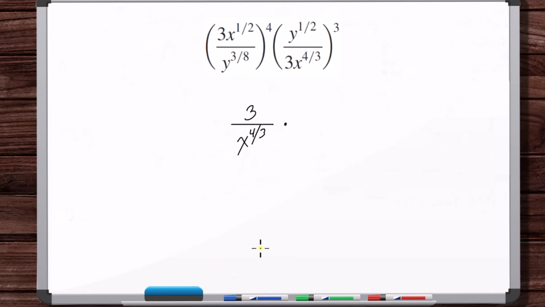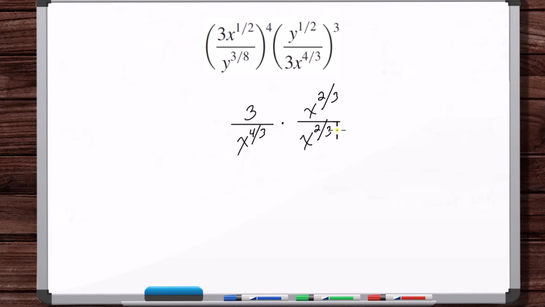So if we're going to convert this to radical form, how do we do this? Well, we could start here. In this case, we can't get this to add to 1. We want to add to 2. So 4/3 plus 2/3 is going to be equal to 2. We just want to get a whole number, an integer, in the exponent, so we don't have a radical.